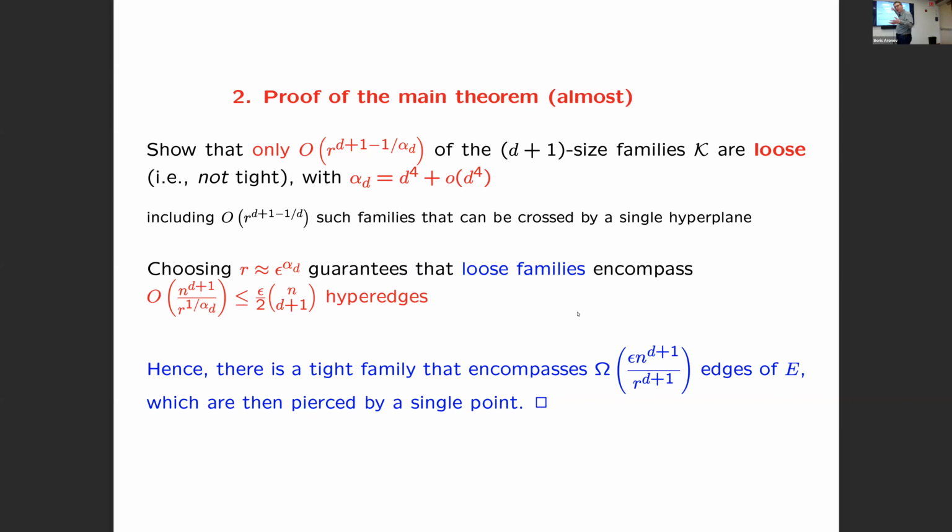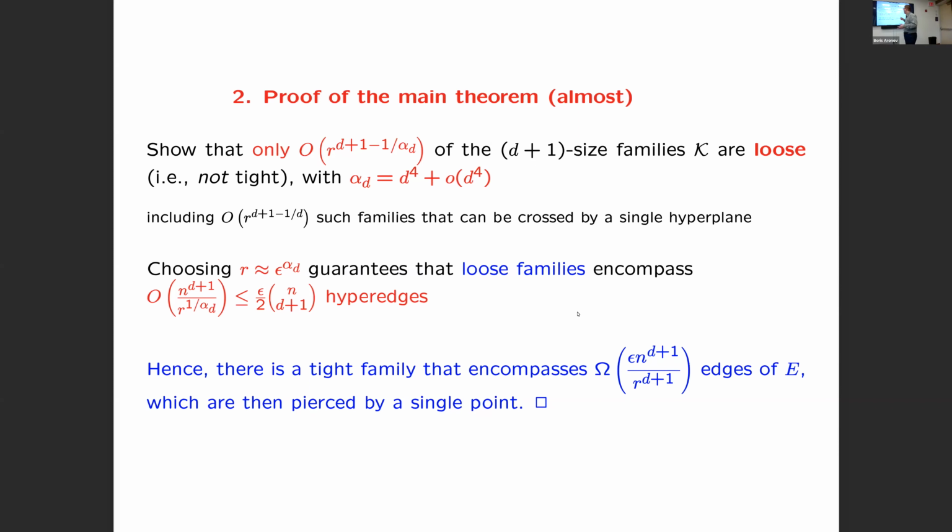And if you use a sufficiently large partition parameter, that would guarantee that the vast majority, at least half of our edges in our hypergraph, are going to fall into tight d plus 1 size subcollections of simplices.